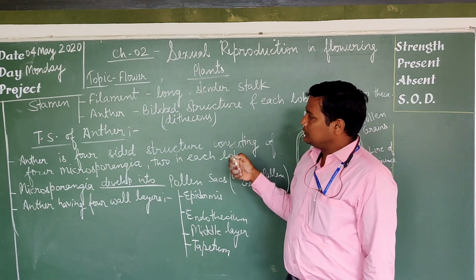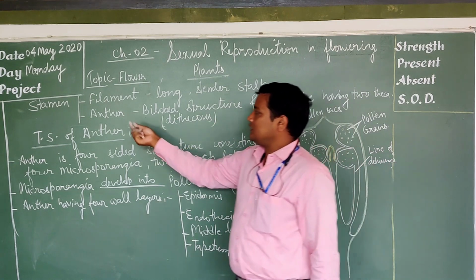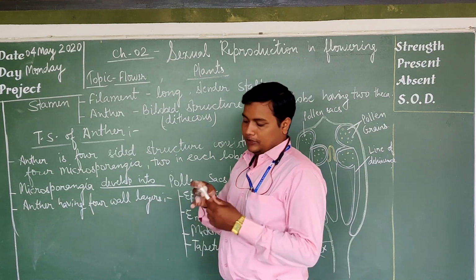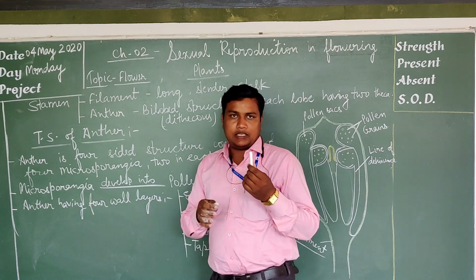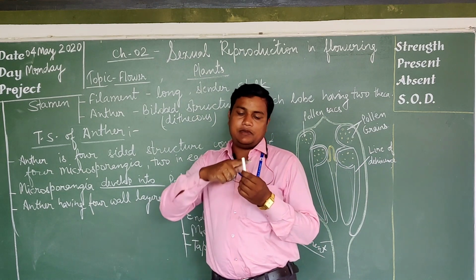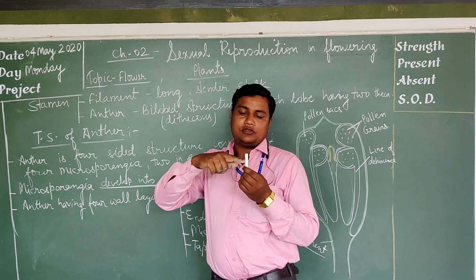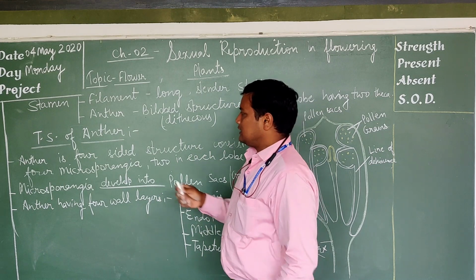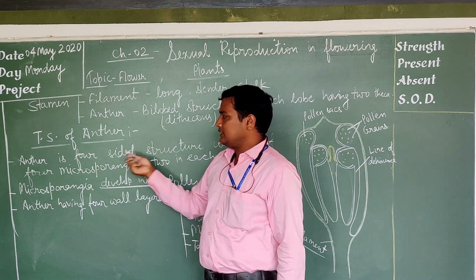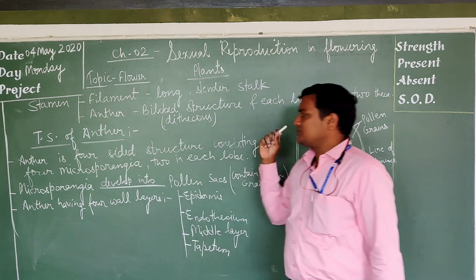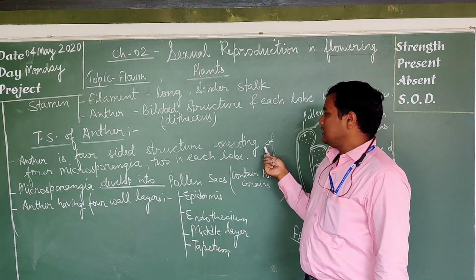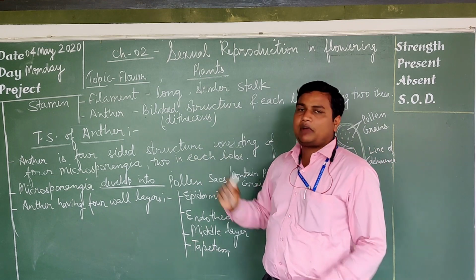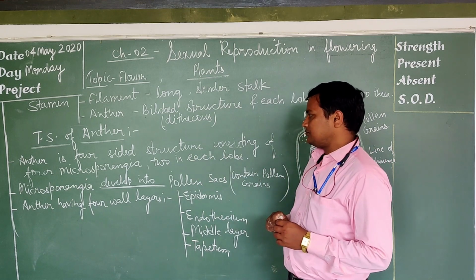So now come to the transverse section of the anther. What do you mean by transverse section? Suppose we have any stem or part of a plant, if we cut it in this way, it is known as a transverse section. In the transverse section, we see that the anther is a four-sided structure, and it is composed of four microsporangia.